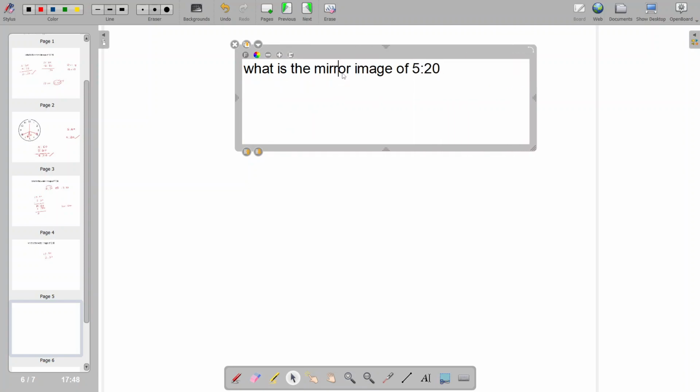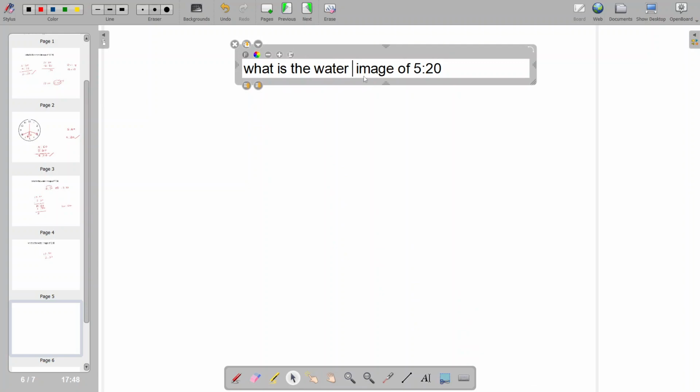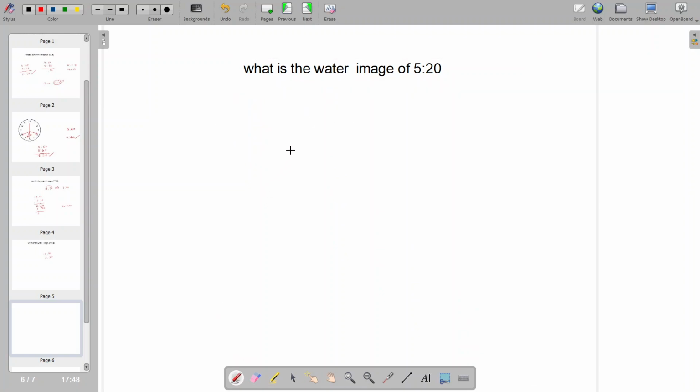Sorry, this is not mirror image, water image. Sorry, water image of 5:20. So we'll solve this question using the shortcut only. What is the water image of 5:20? So for finding water image, we need to subtract from 17:90.